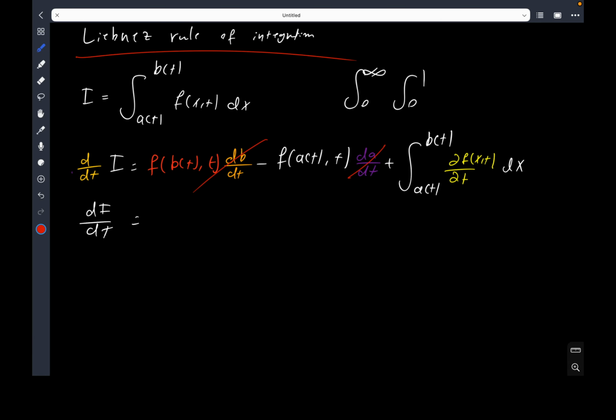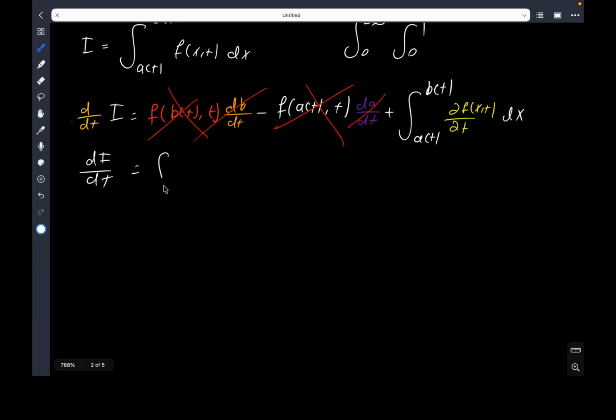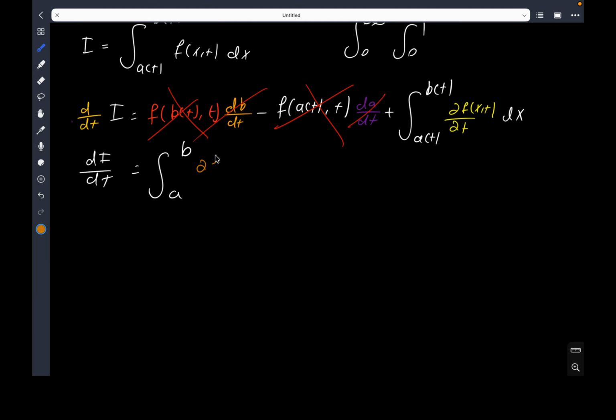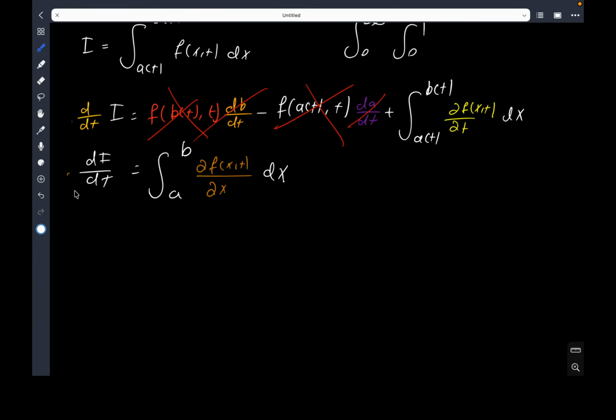Thus, these whole terms are going to vanish, and my dI dt is going to be the integral from a to b of partial f of x and t partial t dx. What does this partial mean?